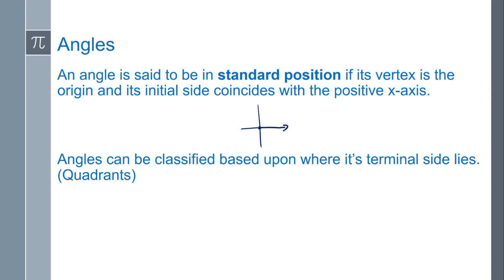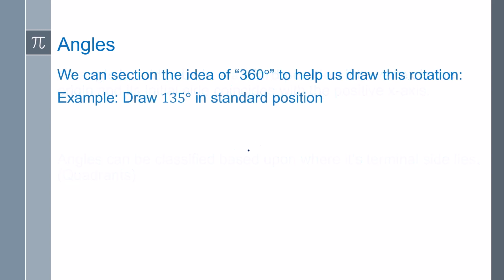And what that actually allows us to do is it not only allows us to draw angles much easier, but it actually gives the angles a little bit of meaning. We can now classify these angles based upon where the terminal side is going to be. So this is going to be an angle that's in quadrant 3. That has meaning to it.